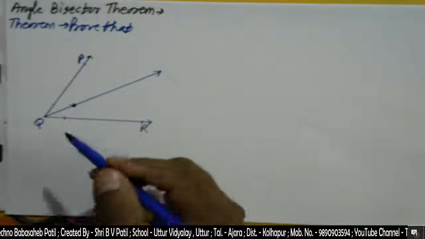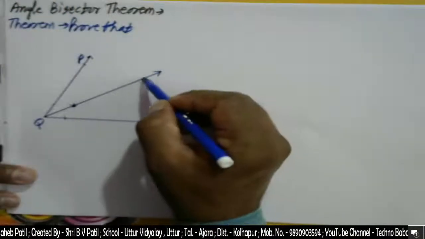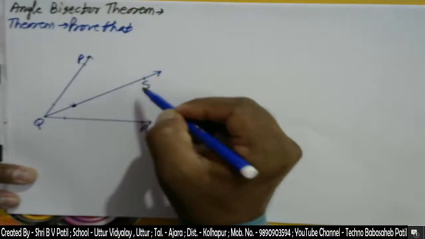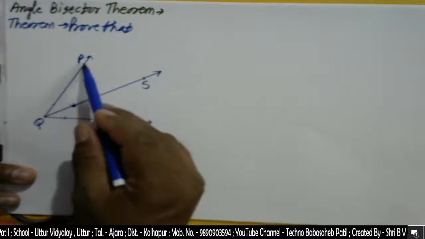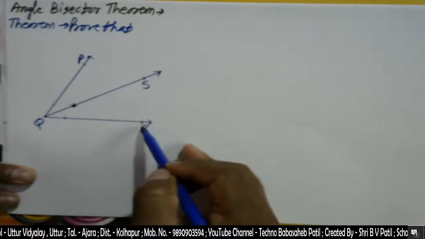Here we draw ray QS, which is the angle bisector of angle PQR.